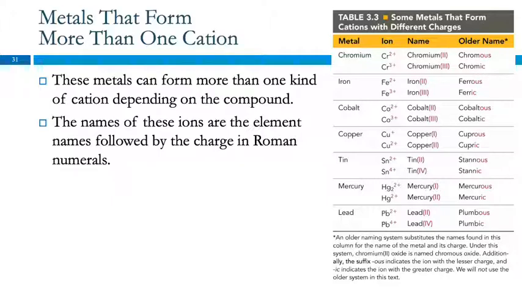So we use a Roman numeral in parentheses after the name of the element to identify which of the ions we're talking about. So the Roman numeral here, 2, means this is Fe2+. Iron 3 is Fe3+. Here's copper. Copper 2 is Cu2+. The nice thing is you don't have to know which ions they form. You just need to be able to match the name and the formula.